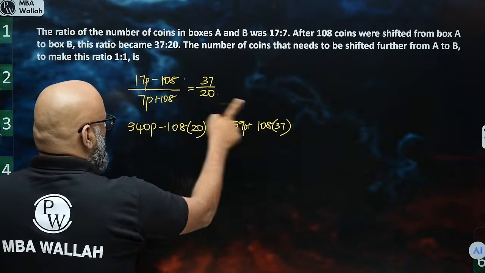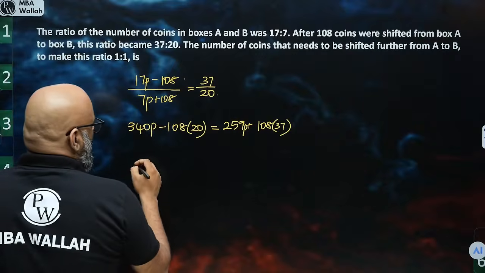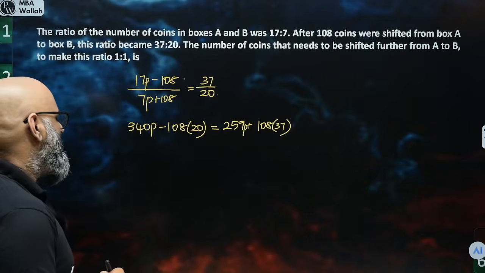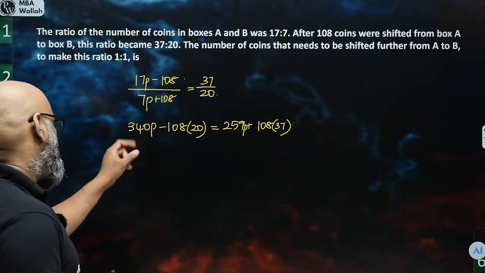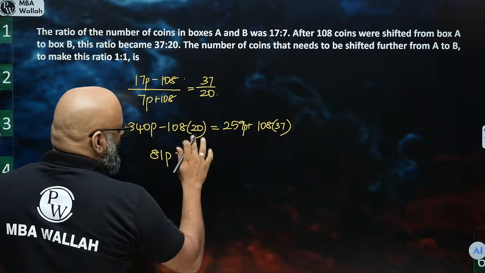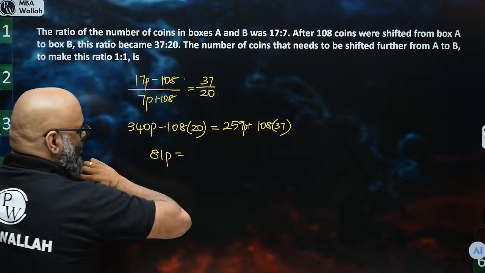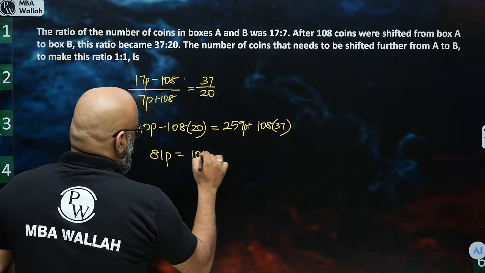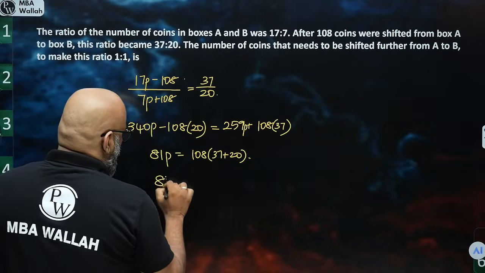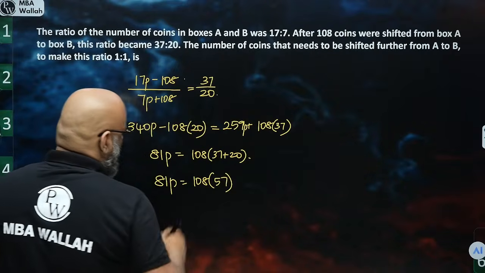So bring this here, take this over there. So you will have 340p minus 259p. That's 41 here, that's 40 here, that's 81p is equal to, this goes over there, 108 into 37, 108 into 20, that's 108 into 37 plus 20, so 81p is equal to 108 into 57.